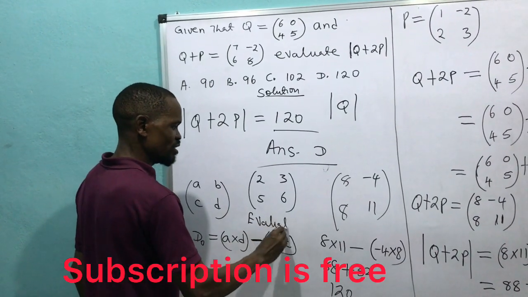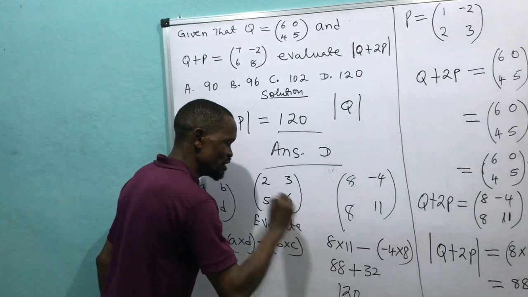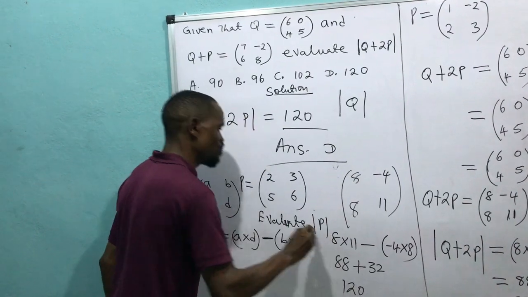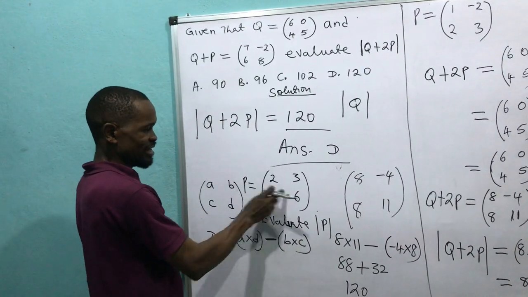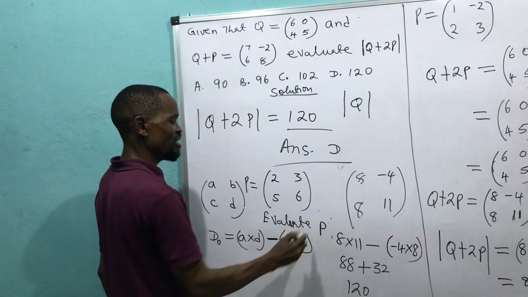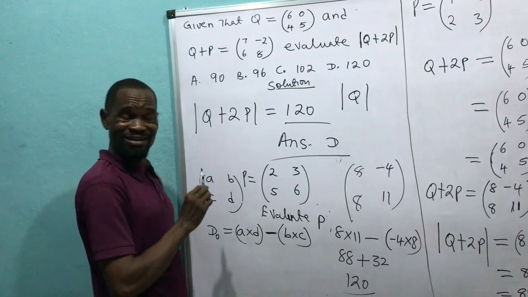Evaluate, what does it mean? It means you should get the determinant. When they say evaluate P, they mean you should get the determinant of P. You get what I'm saying now?